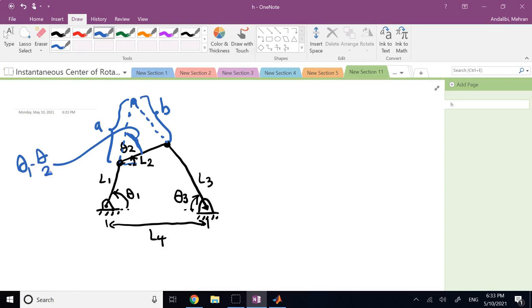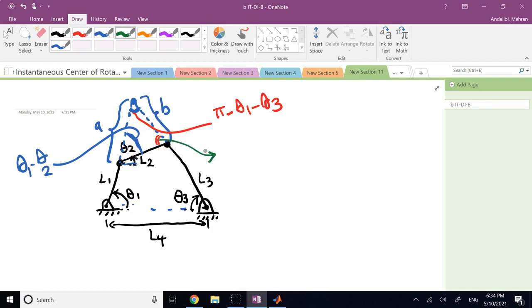And is there any other angle that I can find? Sure. What is this angle, for example? Well, if you look at the big triangle, you have theta 1, theta 3. So this angle here is going to be pi minus theta 1 minus theta 3, right? Sum of the three angles should be 180. So I know two of the angles, and definitely I know the third angle, correct? So this is clearly going to be sum of this one plus this one plus this one is 180.